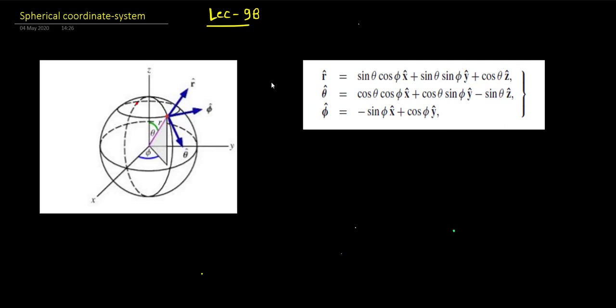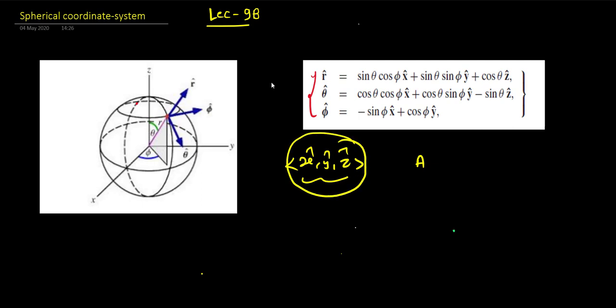One thing I wanted to tell you is that r cap, theta cap and phi cap make an orthogonal basis set. In Cartesian coordinates, x cap, y cap and z cap are the orthogonal basis set, which means any vector A can be represented in the form of x cap, y cap and z cap.